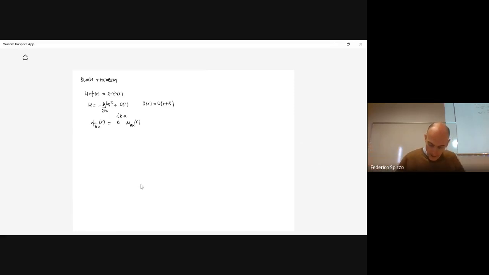And the modulation, this U, has the same symmetry of the potential.